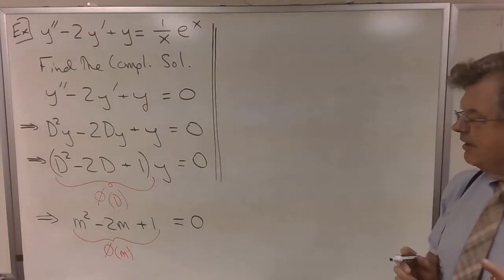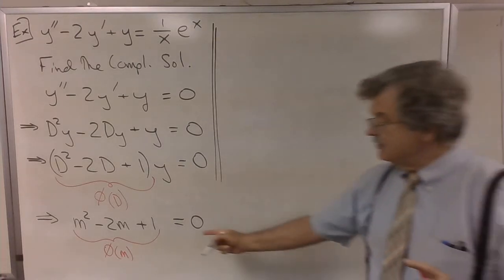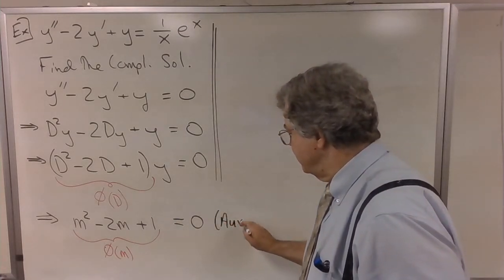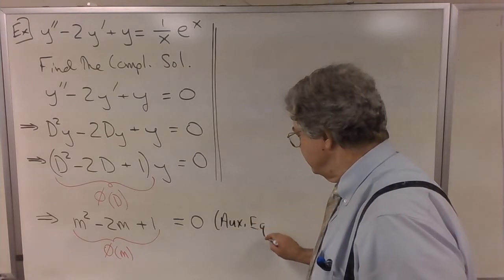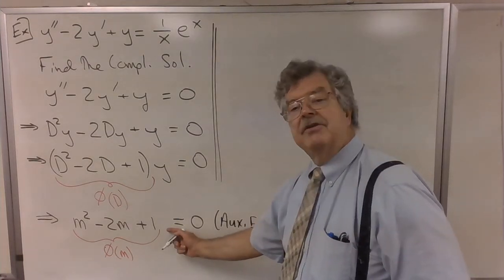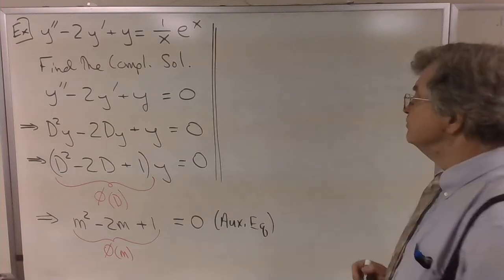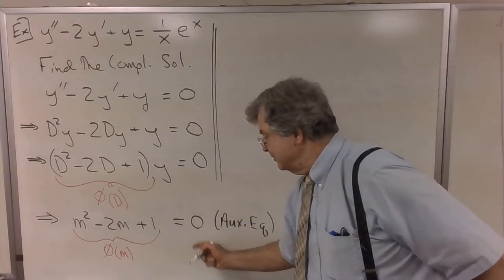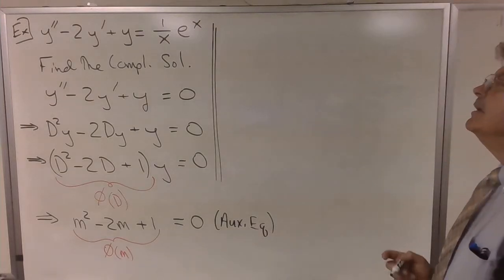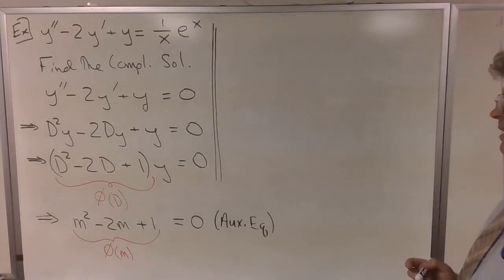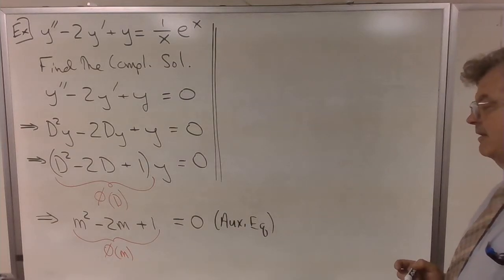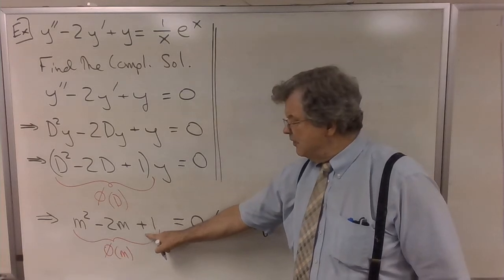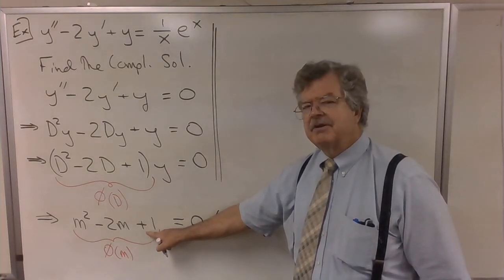Next, we'll solve the auxiliary equation. This equation is the auxiliary equation, that is, phi evaluated at m equals 0. So let's solve this thing. And we look at it, and this form should look familiar to us.